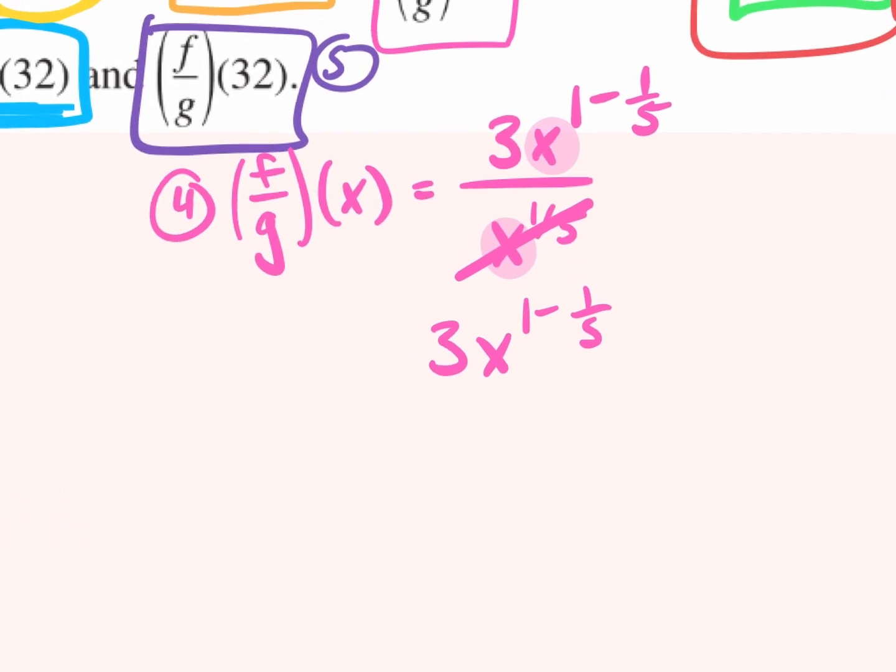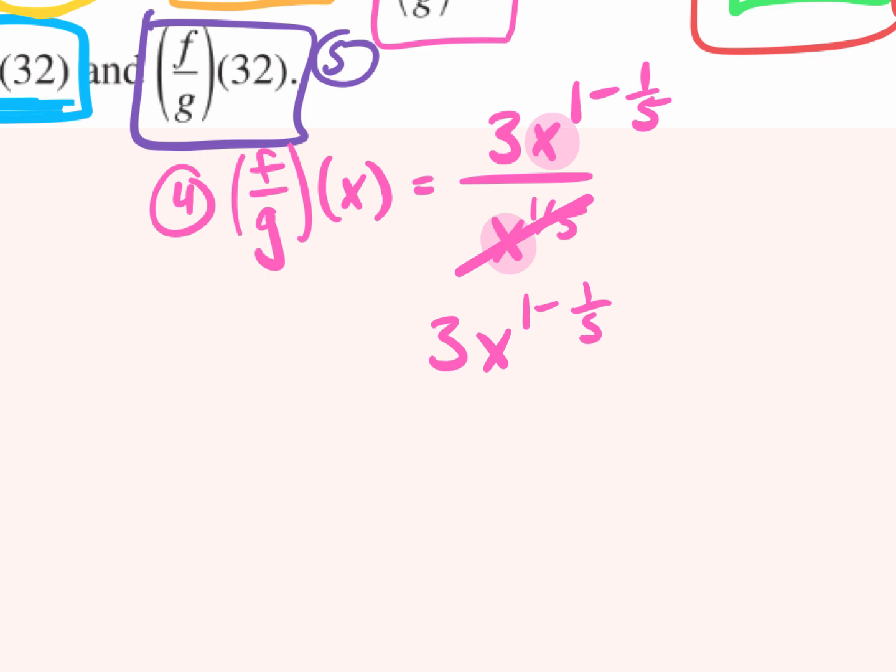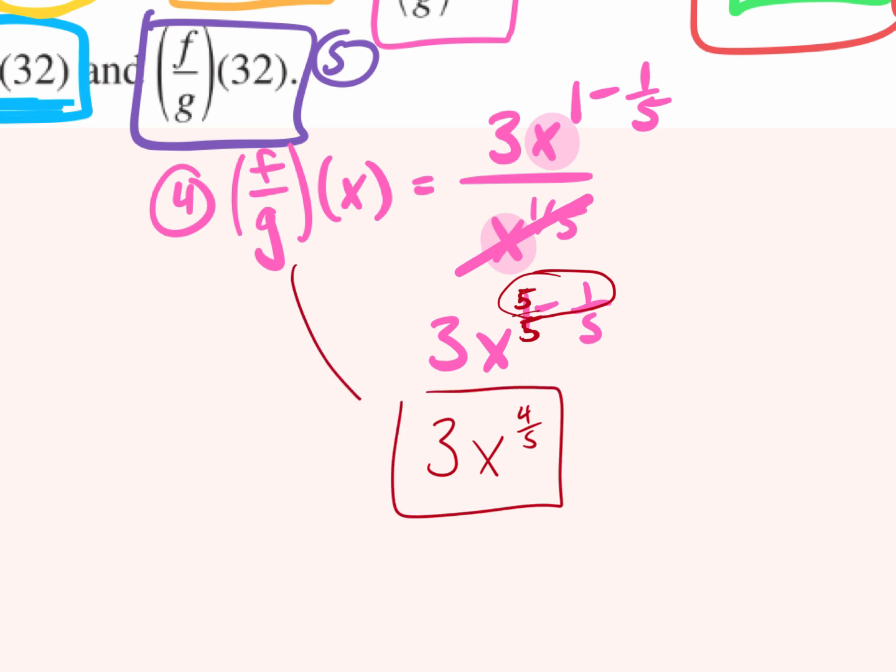What do I need if I'm going to subtract fractions? I need to make the 1 5/5, because we need a common denominator. So this would be 3x to the power of 4/5. Perfect, because we just subtract our numerators and keep the denominator the same. So that's our answer to the first part of the question.